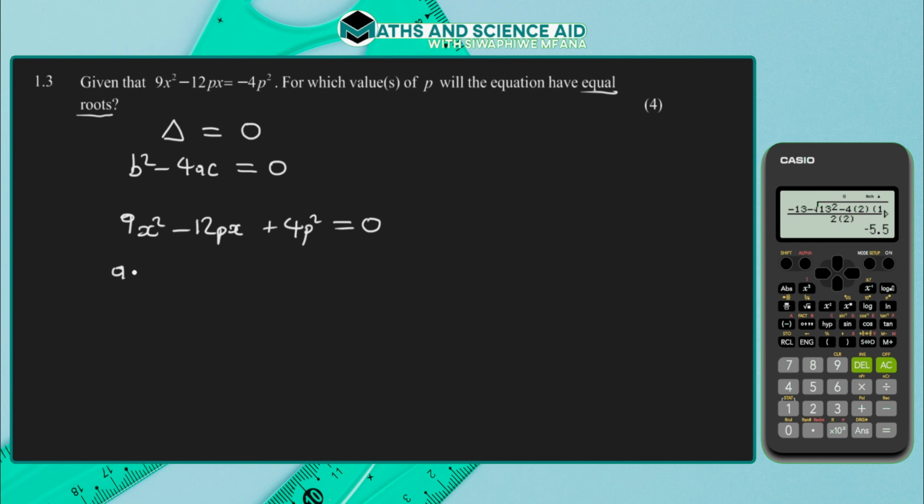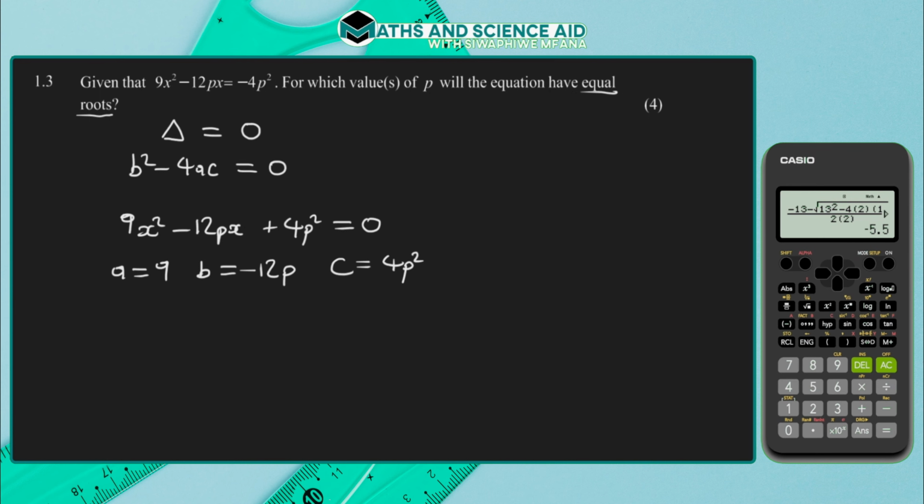So now we can see that a is equal to 9, b is equal to negative 12p, and then c is equal to 4p squared. Okay, and now we can just substitute in all these values into that equation.